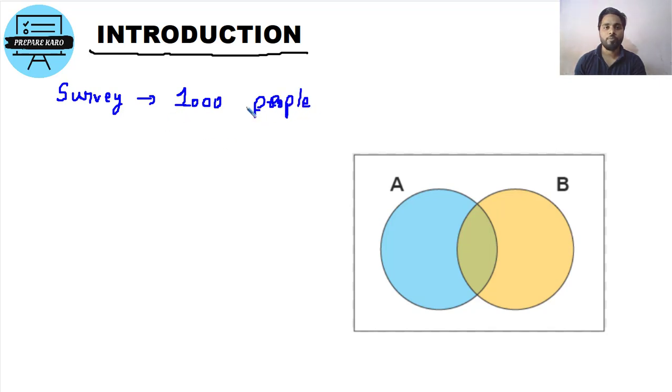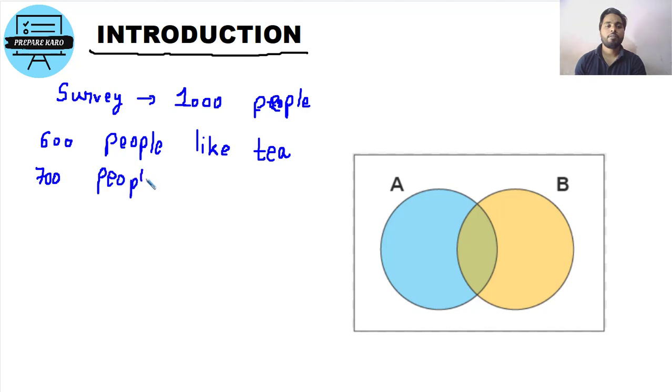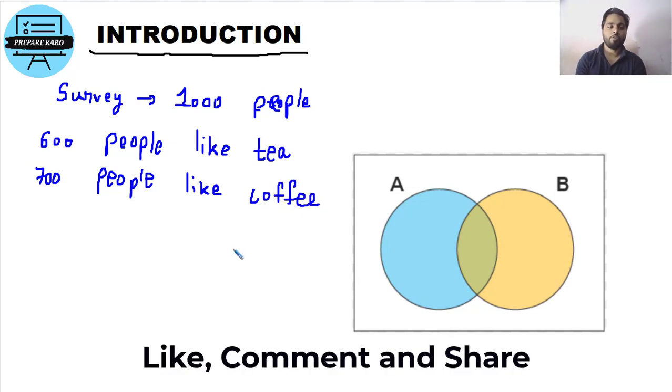The results of the survey were: 600 people like tea and 700 people like coffee. There were 1000 people in total, 600 like tea, 700 like coffee.